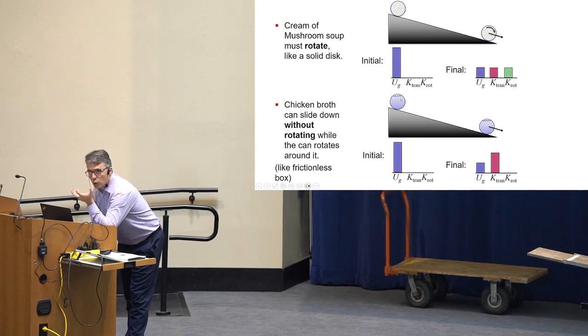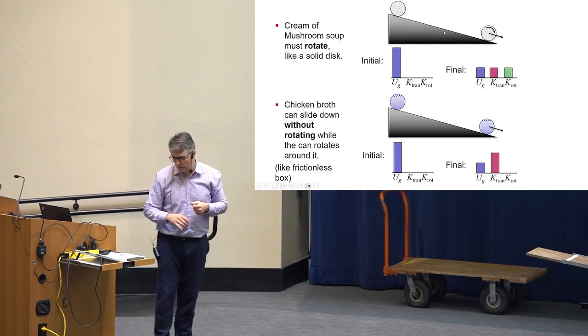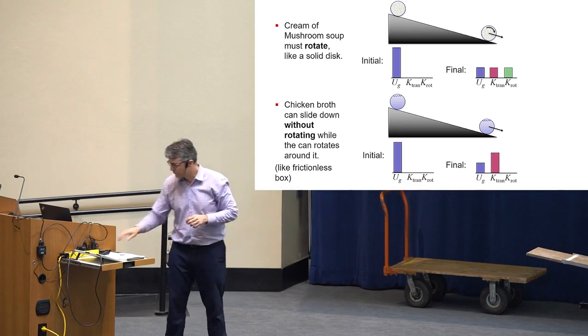But I think that the majority of the mass of the broth doesn't probably rotate at all. It might get a little mixed up, but I think it just kind of goes along, almost like a frictionless box. So this is going to be a lot closer to g sine theta, and this is going to be closer to half g sine theta. The chicken broth always wins is the moral of that story.